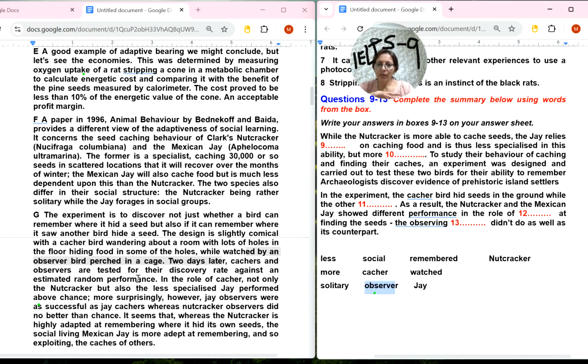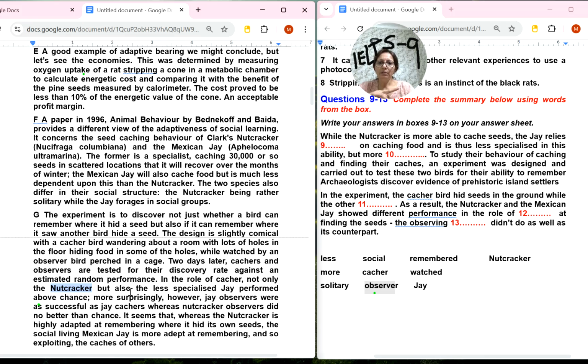Two days later, observers are tested for their discovery rate against random performance. In the role of catcher, not only nutcracker but also less specialized Jay performed above chance. At finding the seeds, the observing dash didn't do as well as its counterpart. So who didn't do well? They are talking about the nutcracker.